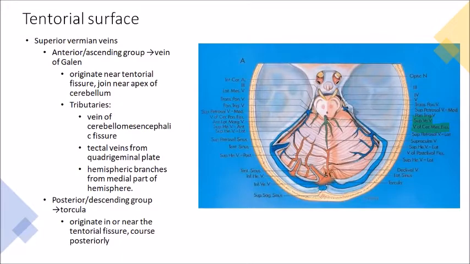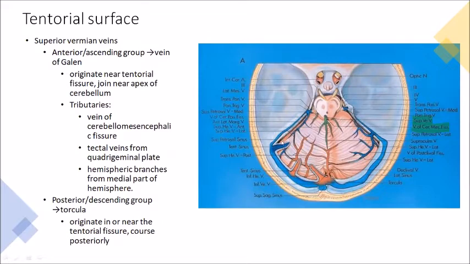The anterior or ascending group of vermian veins originate near the tentorial fissure and join near the apex of the cerebellum. They have tributaries from veins of the cerebellomesencephalic fissure, tectal veins from the quadrigeminal plate, and also hemispheric branches from the medial part of the hemisphere.